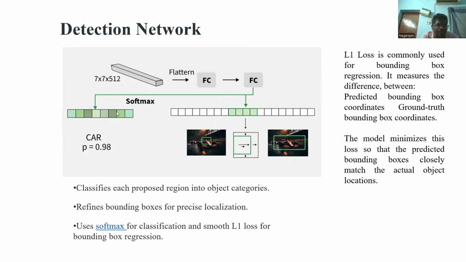If you give some other vehicle, like a scooter, it may say not a match. If matching objects come, it will give a clear answer. The model helps to minimize the loss, so the predicted bounding boxes closely match the actual object location.